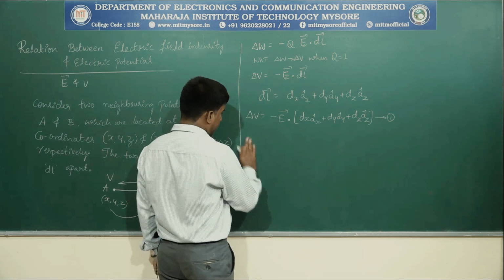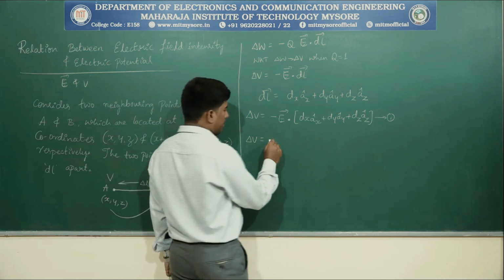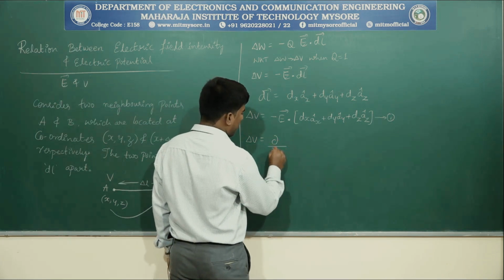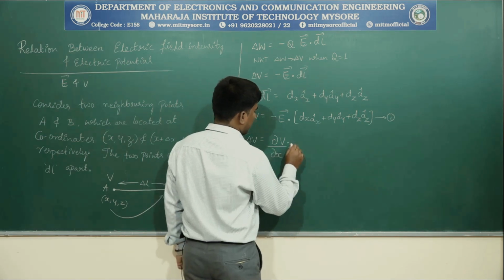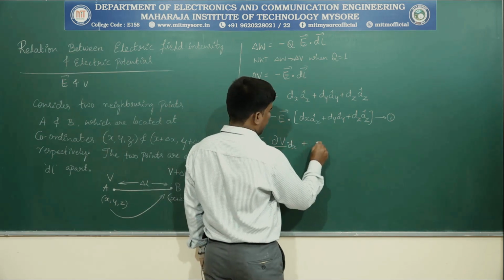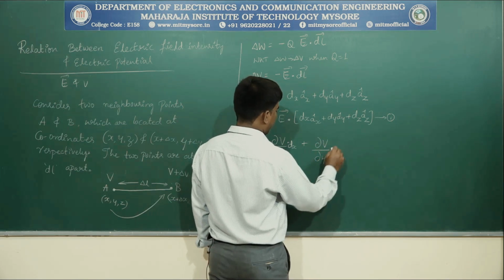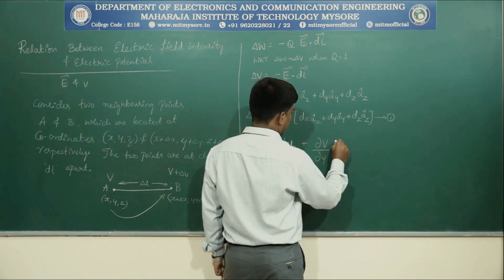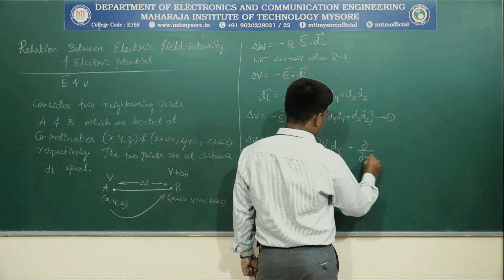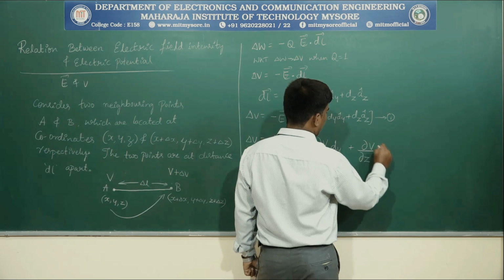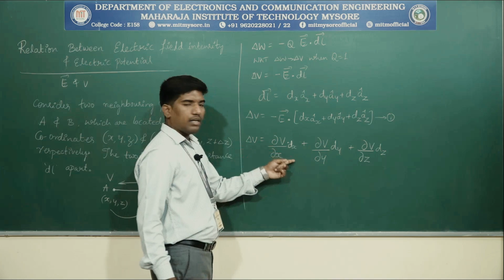Then the potential difference delta V can also be represented as dou V by dou x into dx plus dou V by dou y into dy plus dou V by dou z into dz. So we can represent delta V in this format.